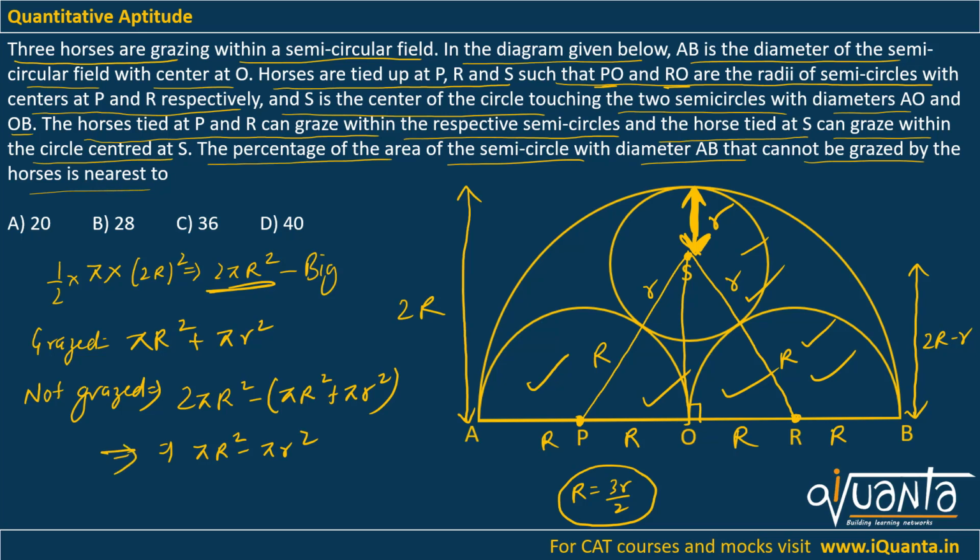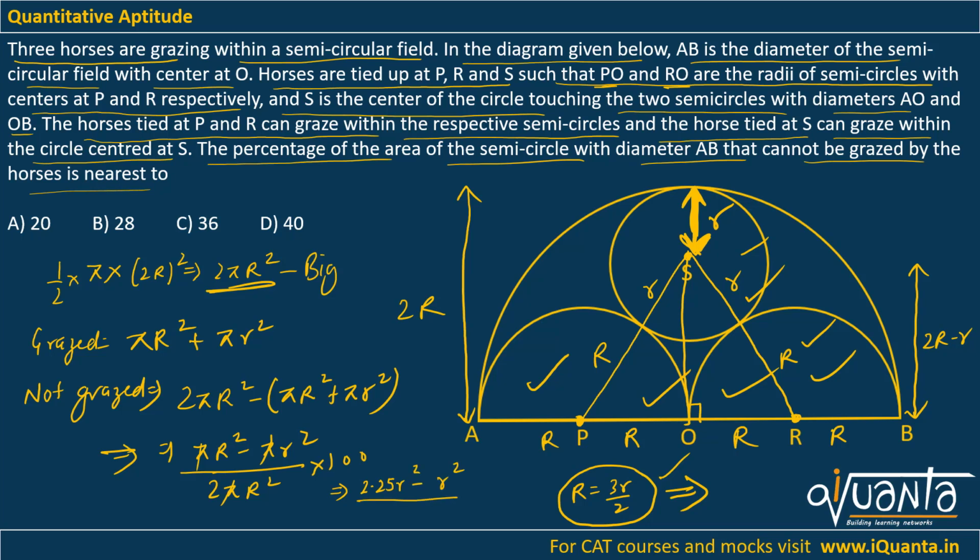We have to find out what percentage this is of the area of the semicircle. So we'll divide it by the area of the bigger semicircle, that means 2 pi R square, into 100, okay. So pi will be gone. Now we can put big R equals 1.5 r from this relation. So if we do that, we'll be getting R square as (1.5 r) square, so 2.25 r square, minus r square will be like this only.